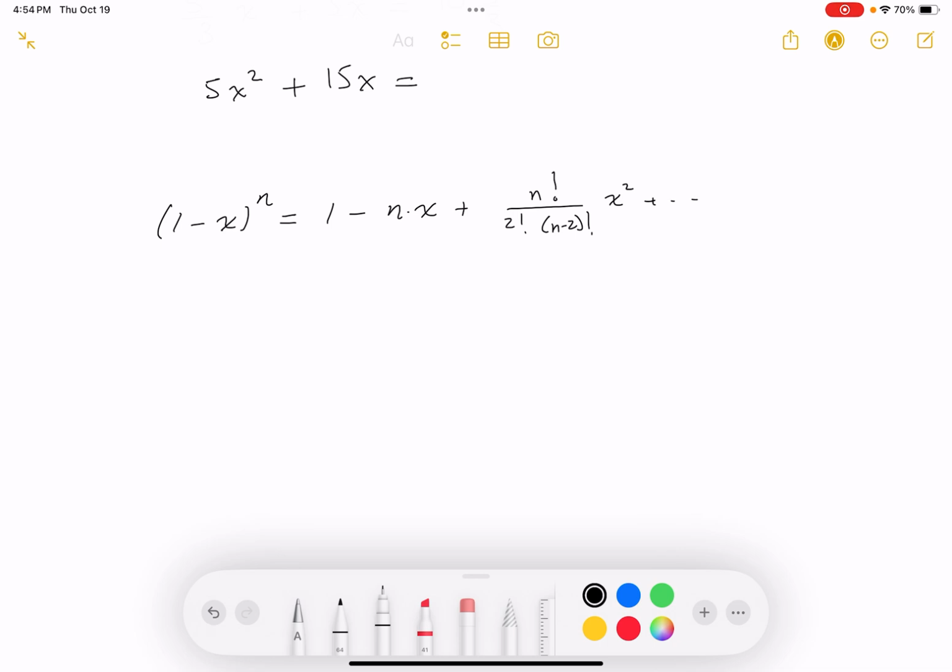You know what? I want to maybe write the beginning ones down like that too, just so I see a pattern. So the first one is x to the 0, with n factorial over 0 factorial, and then n minus 0 factorial. I want to do it in the same order.